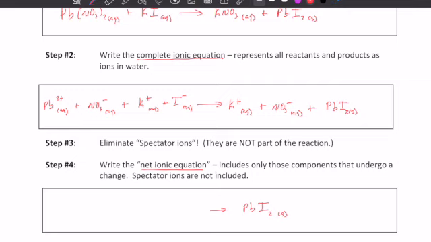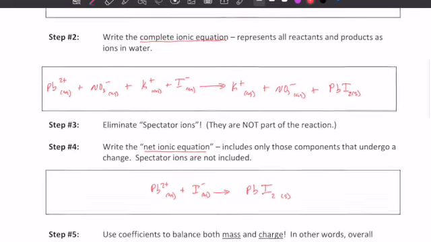So we're going to write: we have lead 2 reacting with iodine, and that produces lead 2 iodide. This is a net ionic equation.